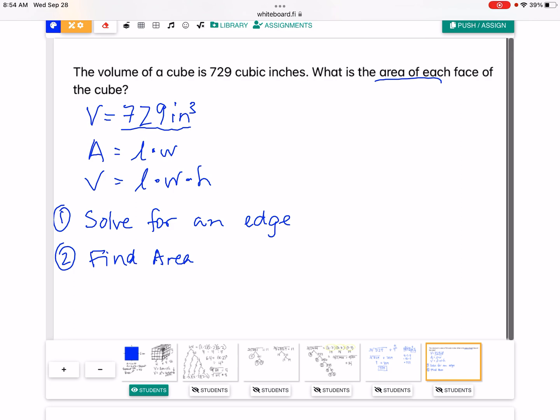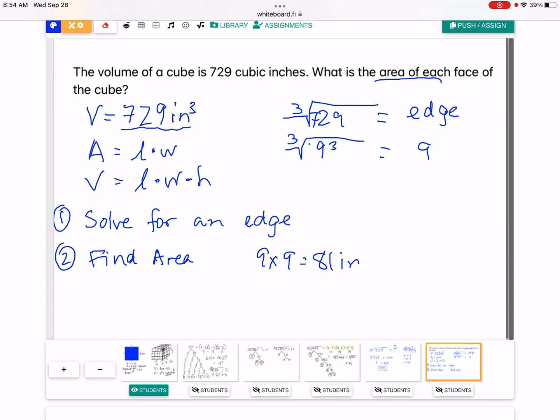So I should be able to tell that the cube root of 729 will be the edge, right? And I know that 729 is 9 cubed. So the edge is 9, right? So to find area, then I'm going to do 9 times 9, and that's 81 inches squared.